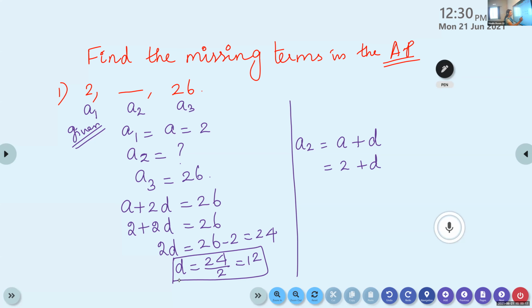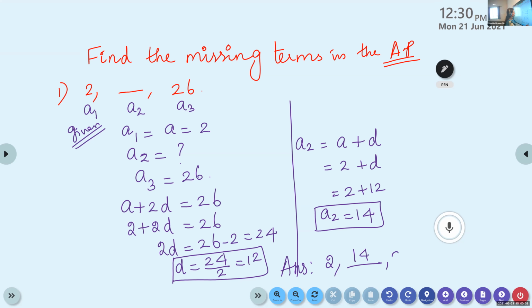Once we get the common difference, you substitute it here. A2 is A plus D, which is 2 plus 12. So A2 is 14. Therefore, the missing term is 14. You can write the answer: 2, 14, 26.